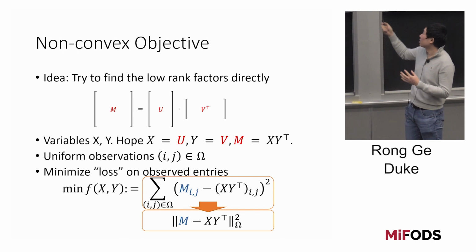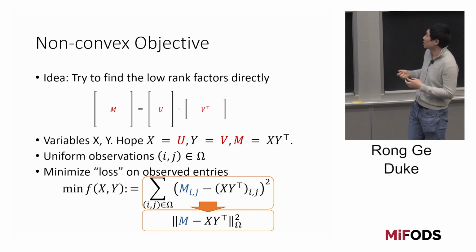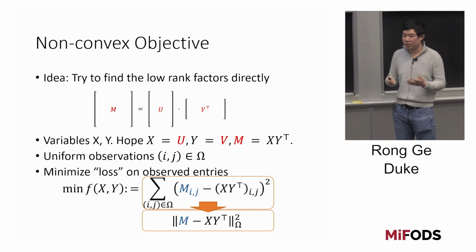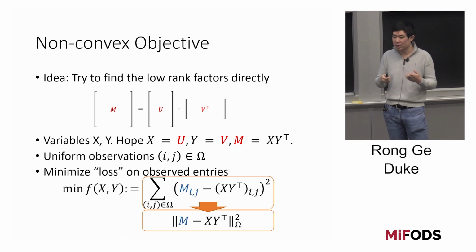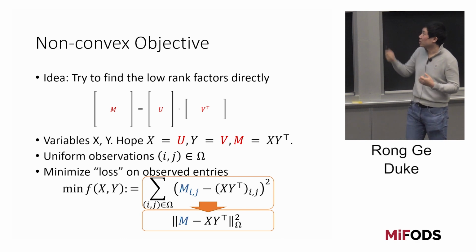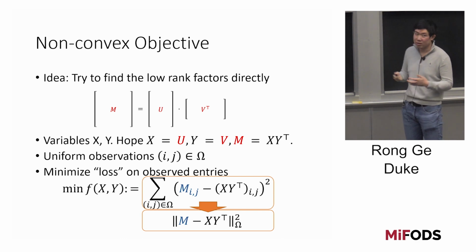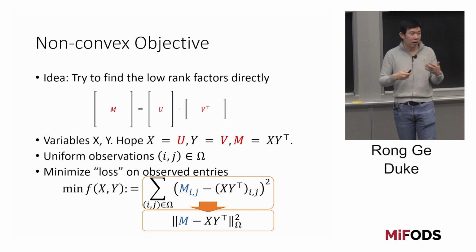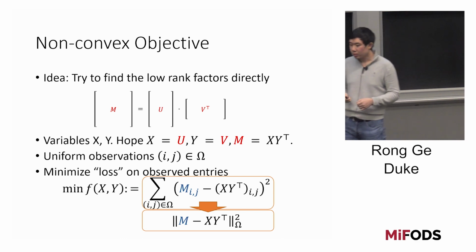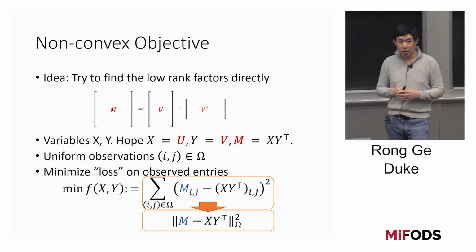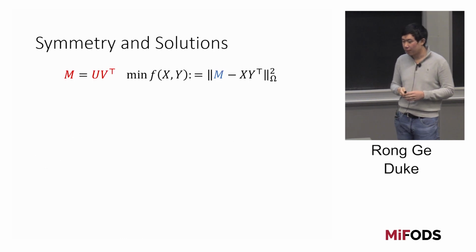The reason I want to use this notation is because, if you observe all the entries of the matrix M, then this objective function is really minimizing the Frobenius norm squared of the difference between M and XY transpose. Okay, so that's our non-convex objective.